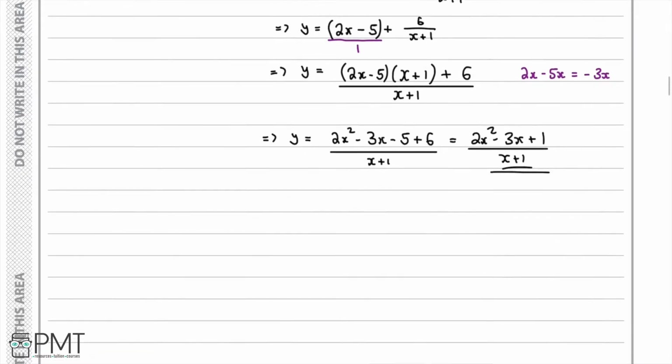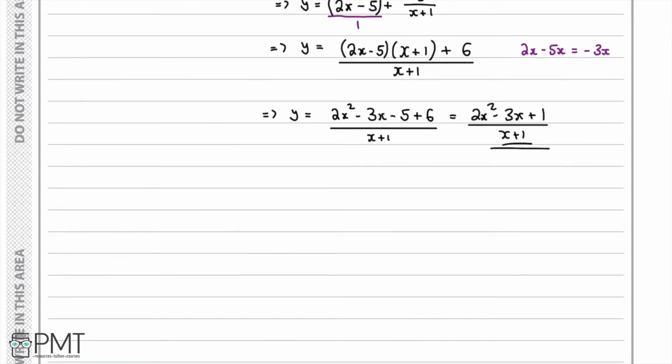So we can conclude that y is equal to 2x squared minus 3x plus 1 all divided by x plus 1. And then we can also state the values of a and b. So a is going to be equal to minus 3 and b is going to be equal to 1.